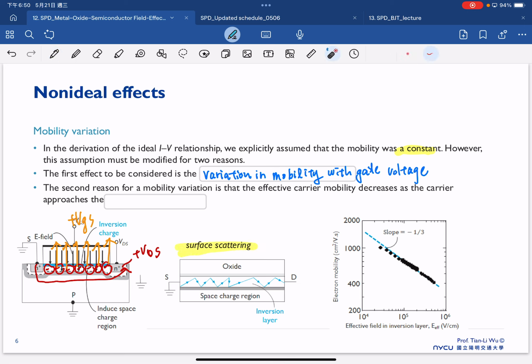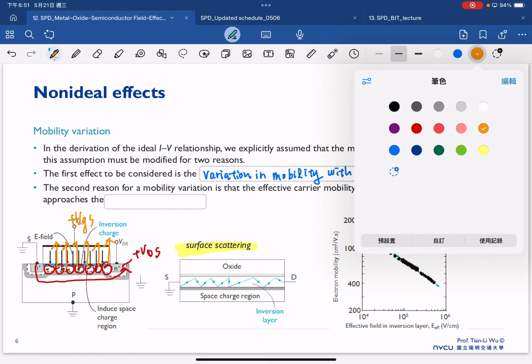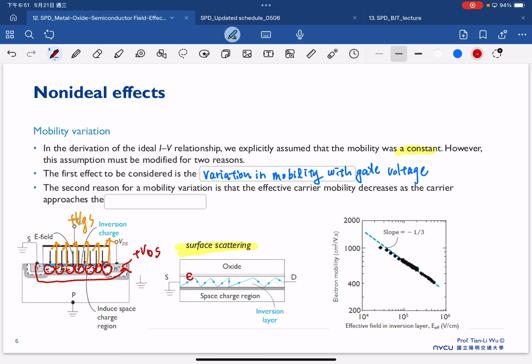So the electrons here are suffering two different electric fields, one here and one here. The issue related to surface scattering is that if our surface is non-ideal and has certain defects, then an electron will be trapped by this defect.